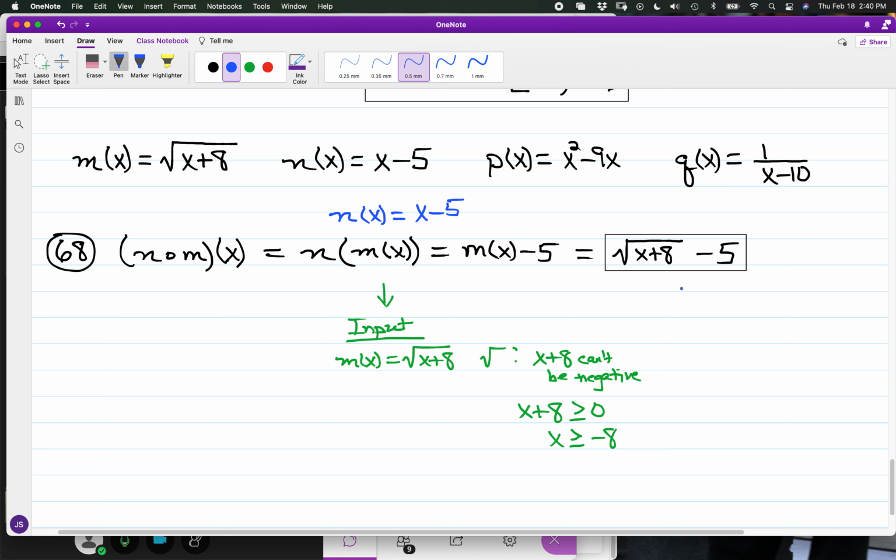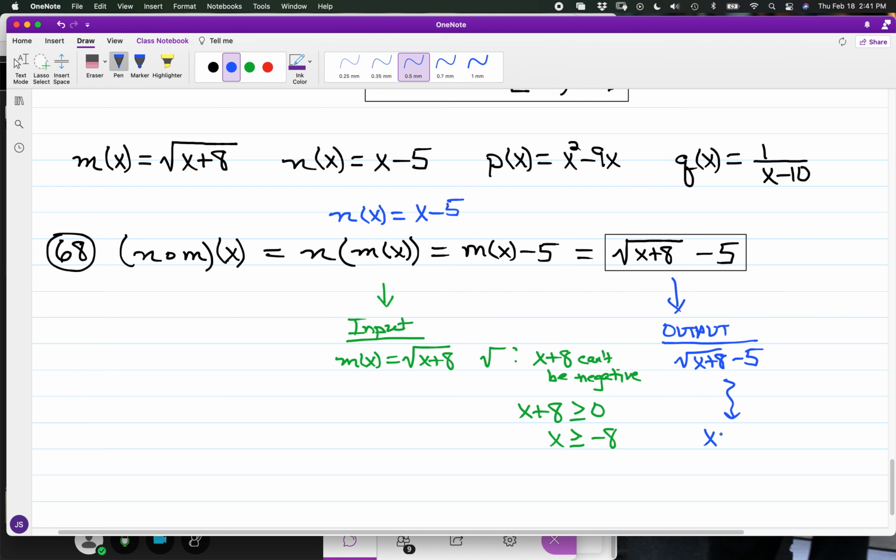Okay, so for the output, we have the square root of x plus 8 followed by the subtraction of 5, and we're going to have the same kind of restriction, a restriction on x to keep x plus 8 from being negative.